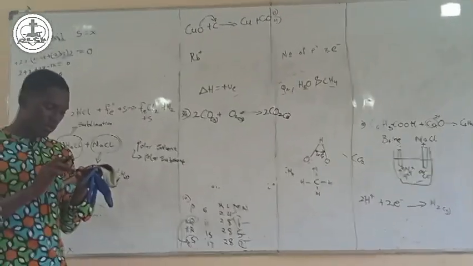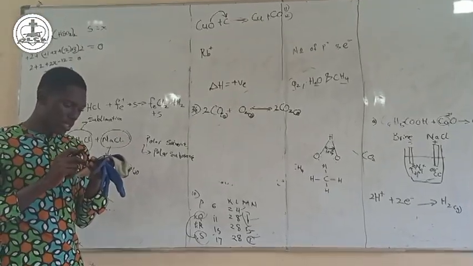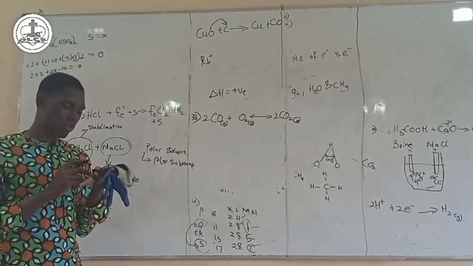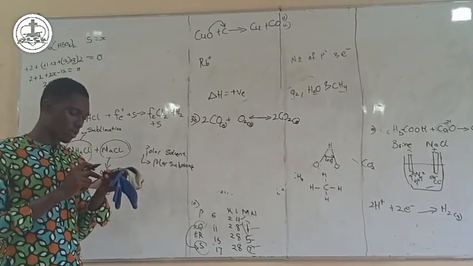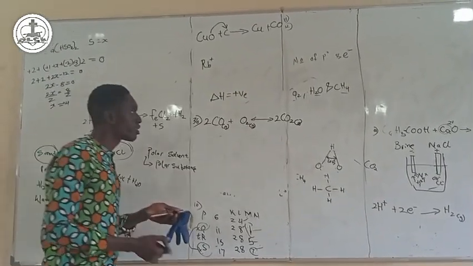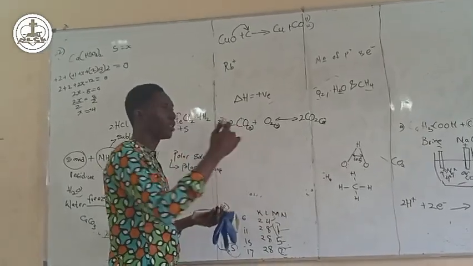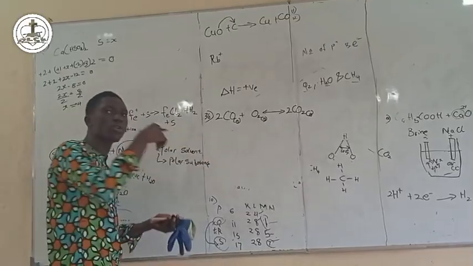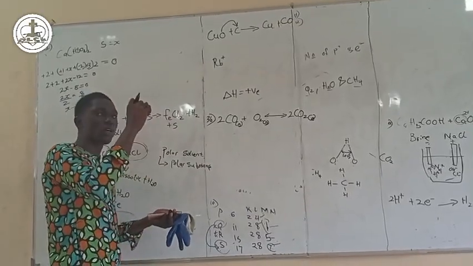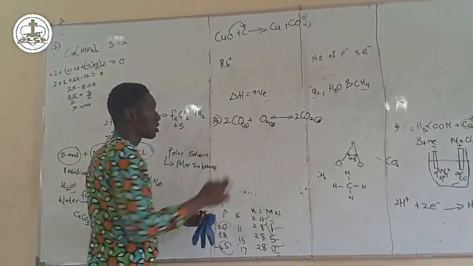The question says, when the reaction is subjected to stress, a change will occur in the concentration of. Okay, now this is at dynamic equilibrium. It's proceeding in both forward and backward reactions at the same rate.